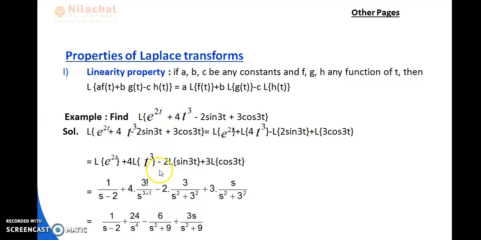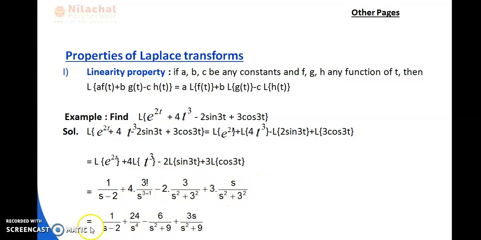So here n is 3, so 3 factorial by s to the power 3 plus 1. Minus 2 into sin 3t; the sin at formula is a by s square plus a square, so a is 3, that equals 3 by s square plus 3 square. Then plus 3 into cos 3t; the cos formula is s by s square plus a square, and a is 3, so s by s square plus 3 square.